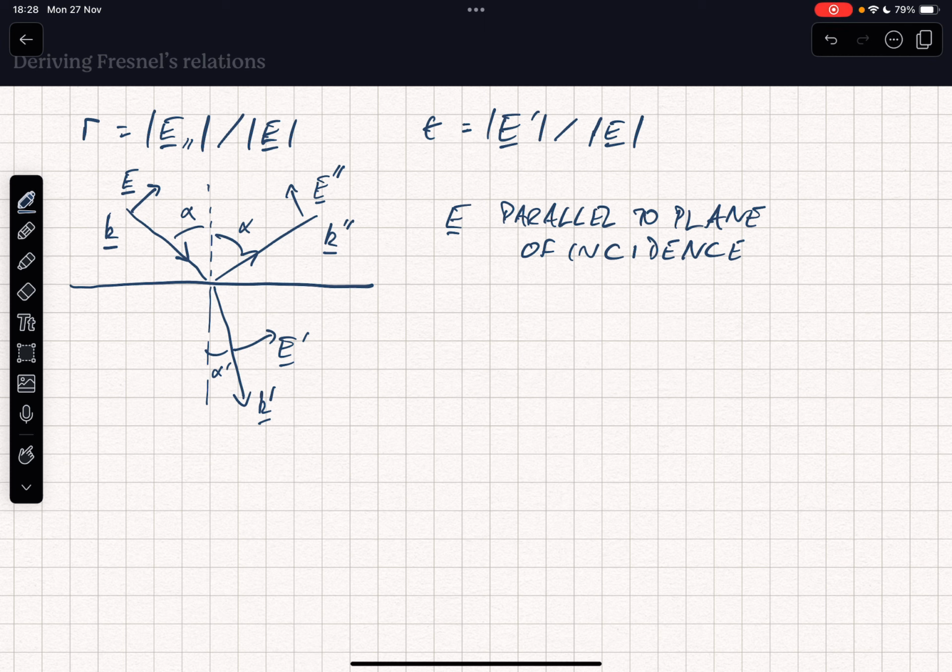We're going to assume, as usual, that E is a plane wave, so E is equal to E0 e to the i k dot r minus omega t.